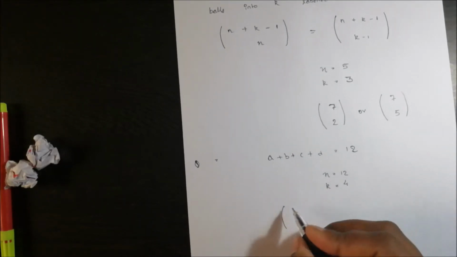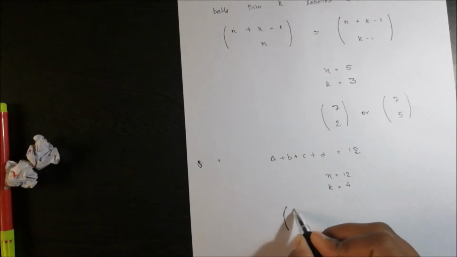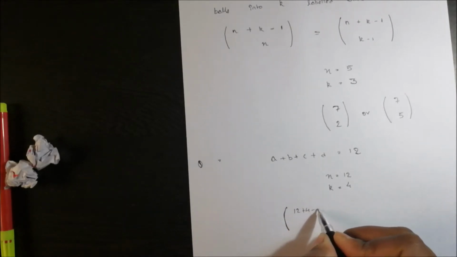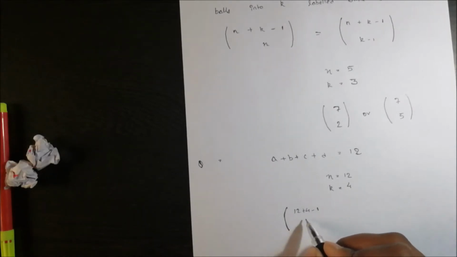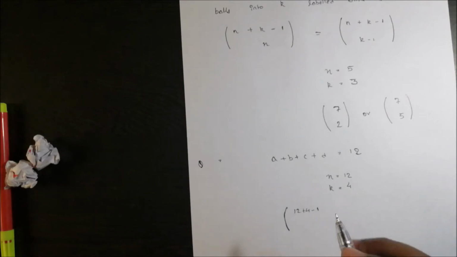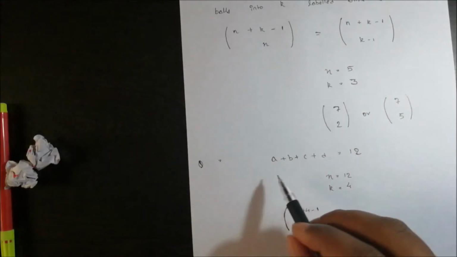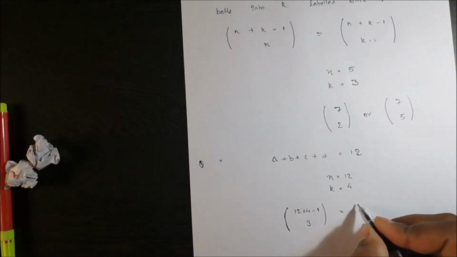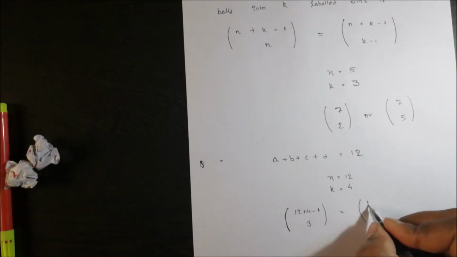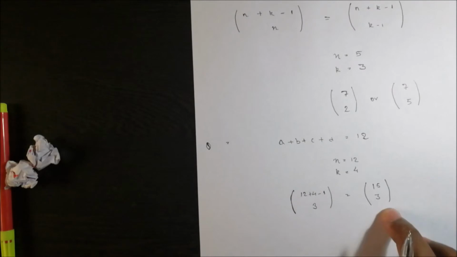So our formula is, we have a total number of objects, 12 plus 4 minus 1, on the table, right? And among those we need to choose the number of ways to place 3 bars because there are 4 people. So it will be 15 choose 3, right? This is the answer, 15 choose 3.